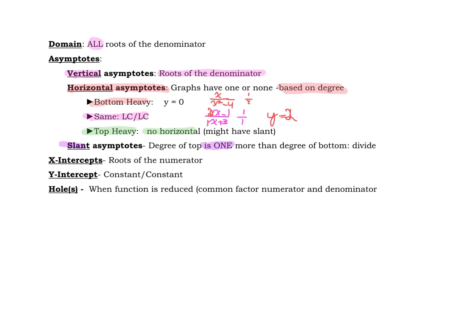So that would be an example like x squared minus 4 over x plus 3. That's a degree of 2 over a degree of 1, so it has a slant asymptote. If I have something like x cubed minus 8 over x plus 2, that's 3 over 1, so there's no slant asymptote either. So there's no horizontal, no slant.